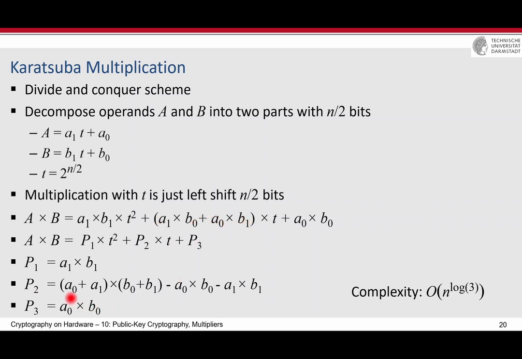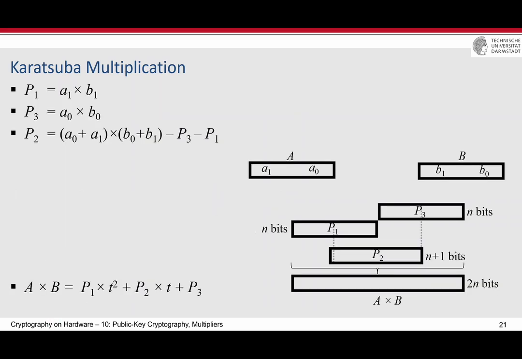You can say A0 plus A1, the two parts of A summed together, multiplied with the sum B0 plus B1. And then minus what? Minus P1 and minus P3. In this way.